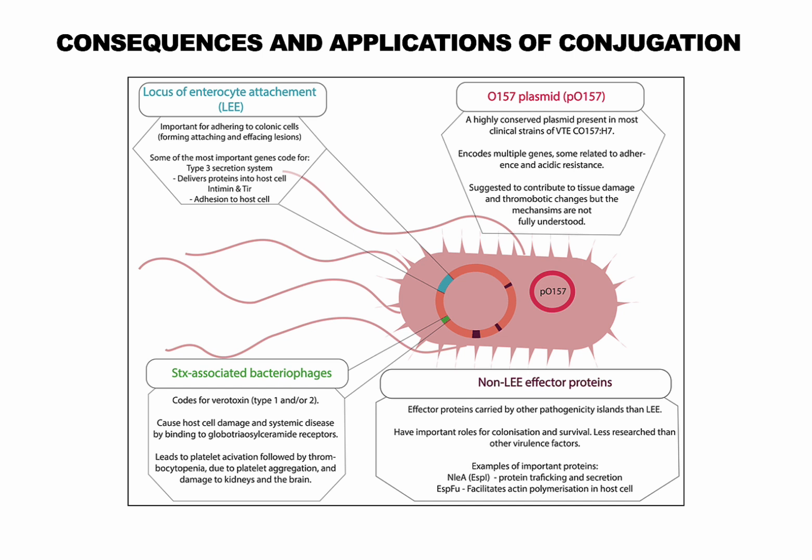VTEC is known to cause severe diarrheal diseases which may lead to hemolytic uremic syndrome, potentially resulting in kidney failure and death. In a non-clinical context, bacterial genes that code for metabolic enzymes necessary to break down specialized atypical compounds, such as polycyclic aromatic hydrocarbons, are often found on plasmids as well.